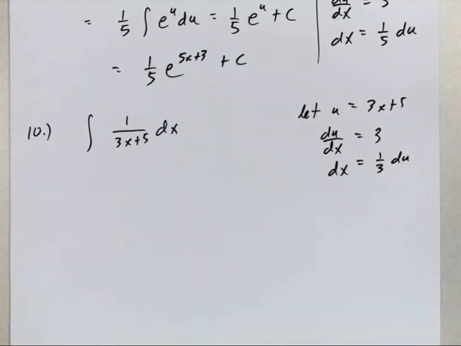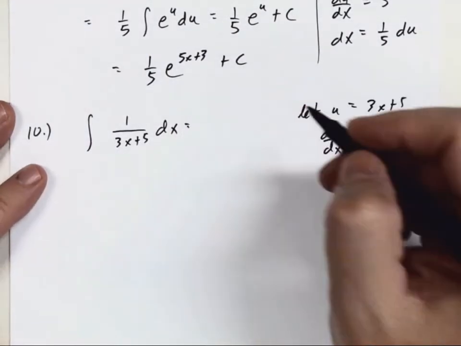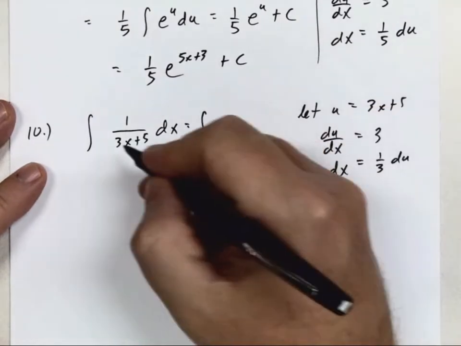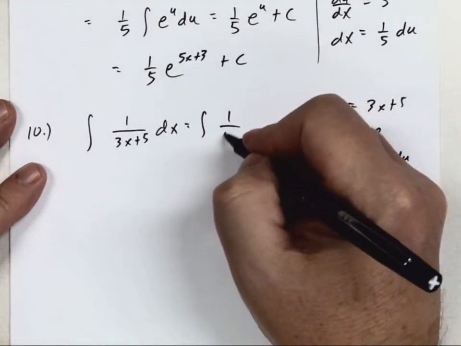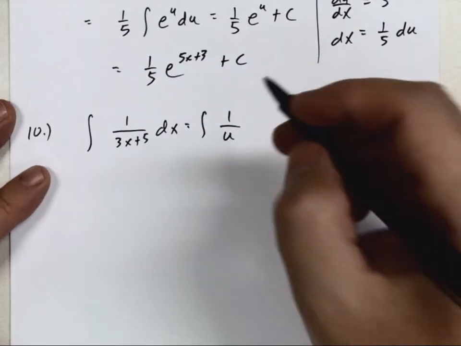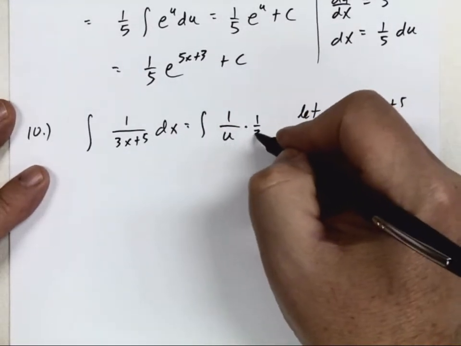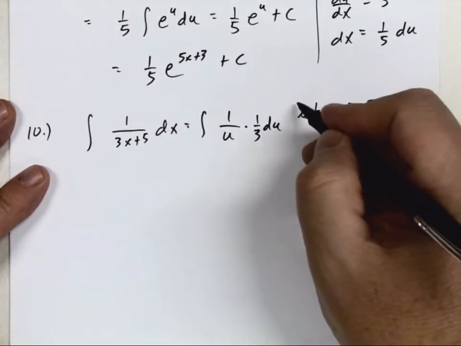Let's go back, try and get rid of these x's and see what we have once the dust settles. 3x plus 5 is u, so 1 over u. dx is 1/3 du.